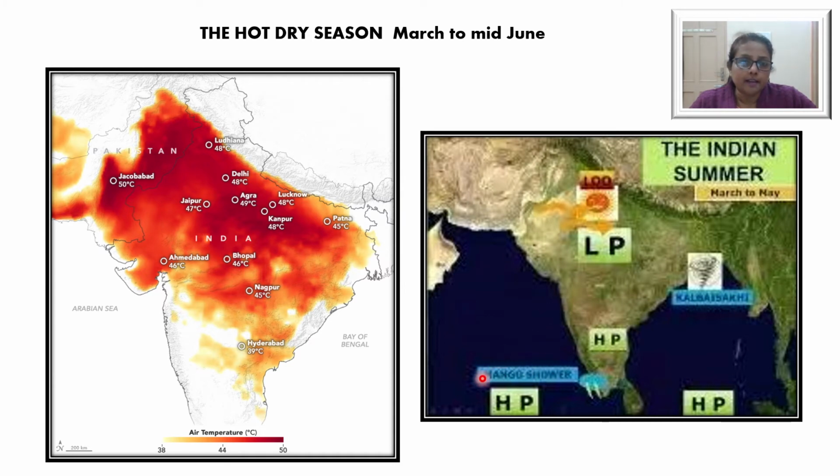So, a high pressure develops over the seas and oceans, especially in the Indian Ocean, which is in the south of the subcontinent, and a very intense low pressure gets developed in the central part of the subcontinent.